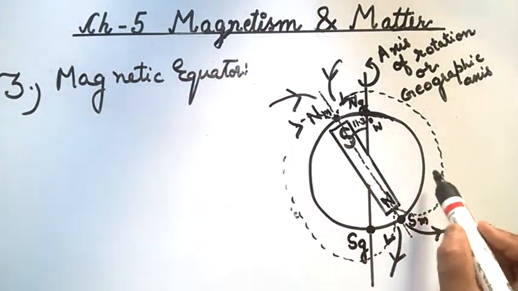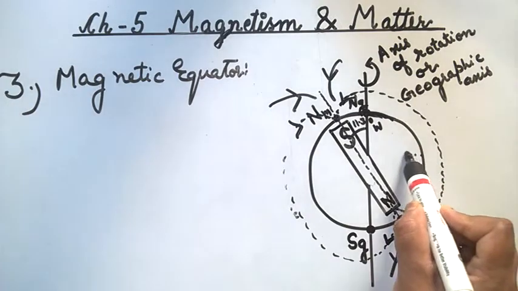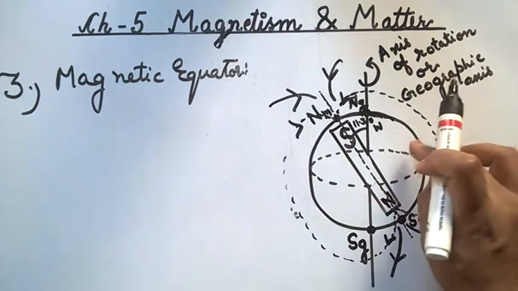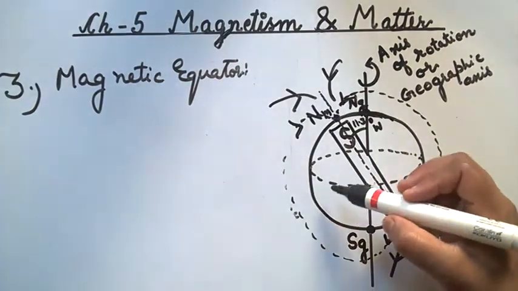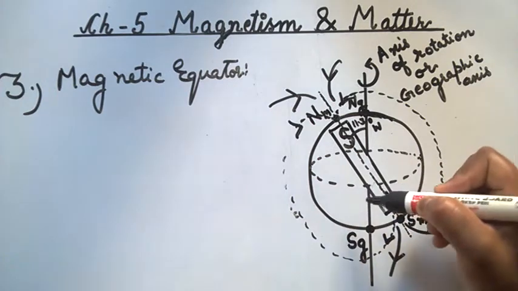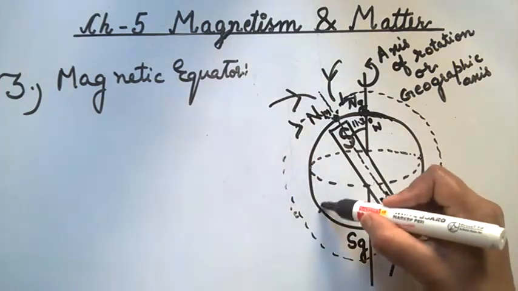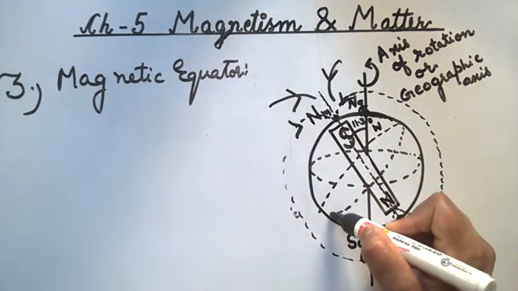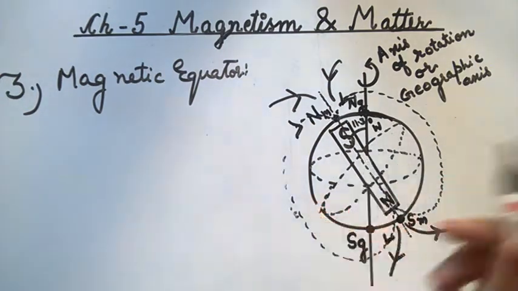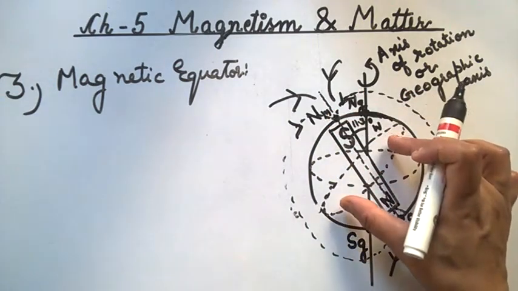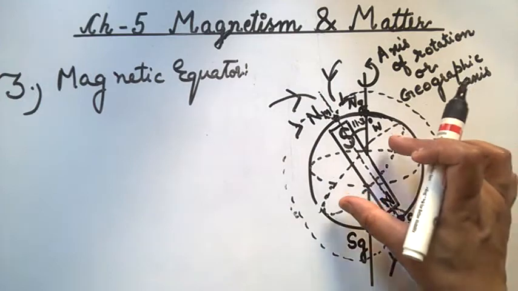It is the great circle on Earth and perpendicular to the magnetic axis. So here we can see that this is the magnetic axis and perpendicular to this magnetic axis is magnetic equator.